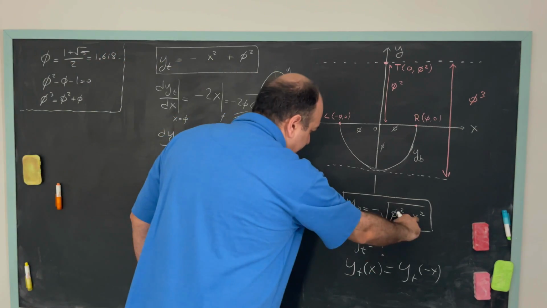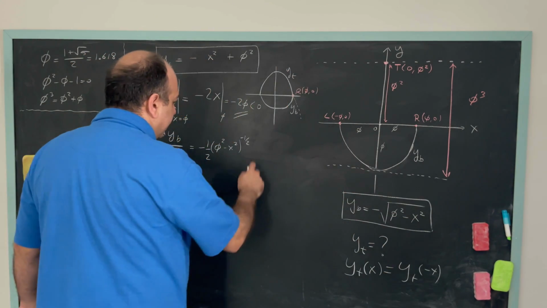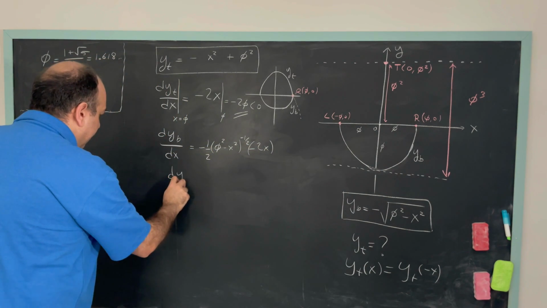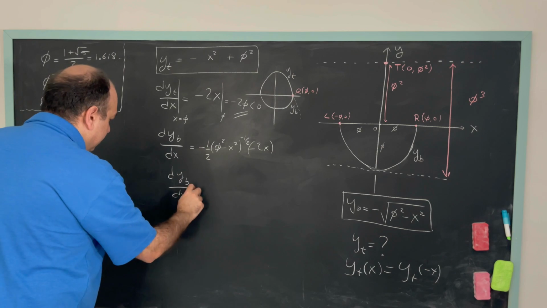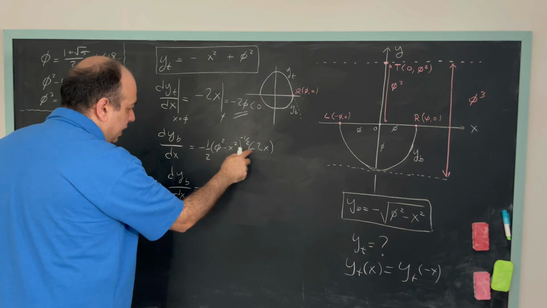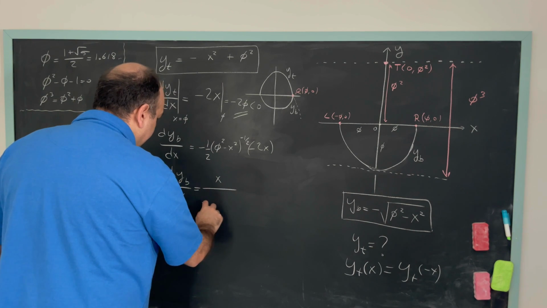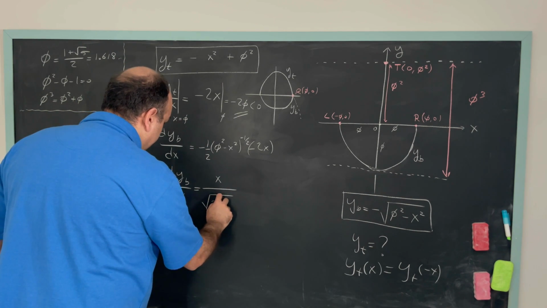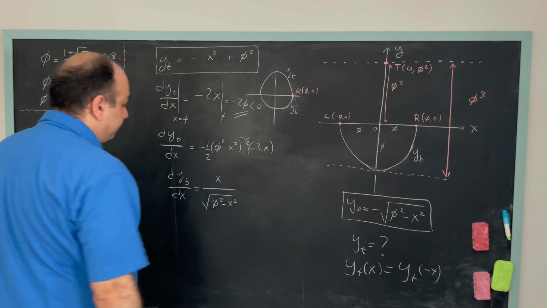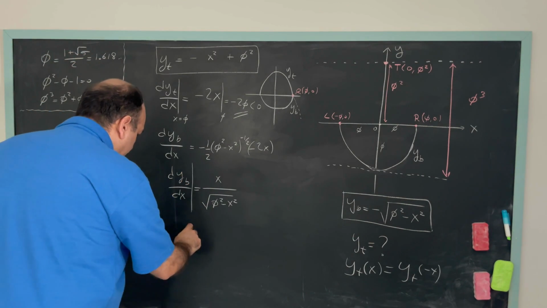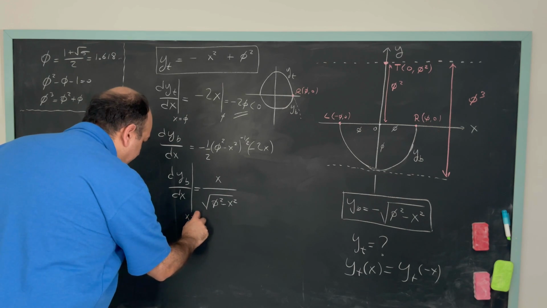Derivative of the inside of this square root is simply minus 2x, right? So simply I can write this as, this 2 cancels this 2, minus cancels this minus, so I'll have x divided by square root of phi squared minus x squared.